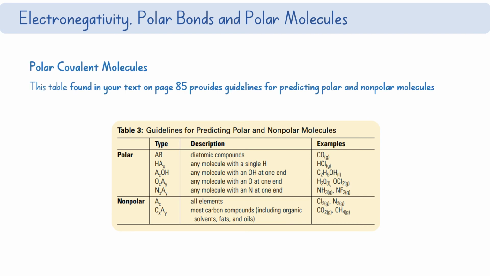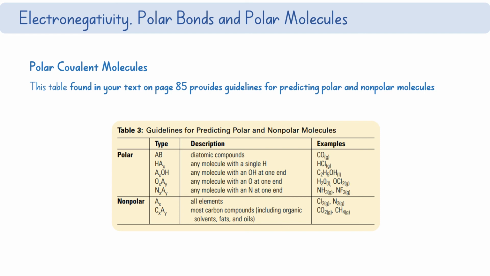Now this table, also found on page 85 of your textbook, is a guideline for predicting polar and nonpolar molecules. It gives the description of a molecule, such as one that could have an OH at one end, an O at one end, an N at one end, what type of bonding it would be, some examples, and then it outlines the nonpolar format and some examples.